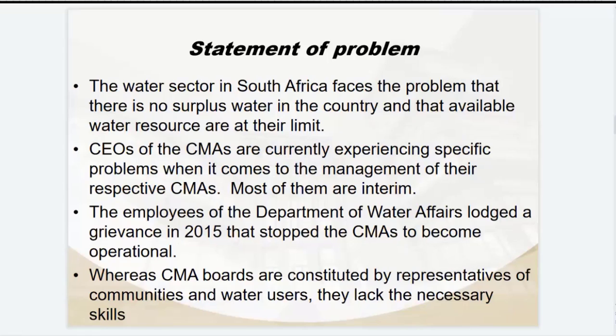I just want to ask regarding the statement of the problem. I'm doing coursework, so there's an assignment that I was busy with, and one of the questions requested us to analyze an article. One of the questions was: is the problem statement clearly articulated in a single sentence?